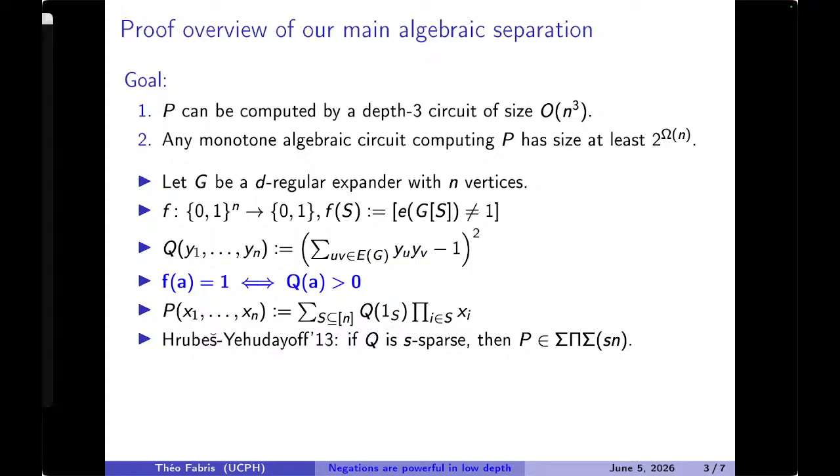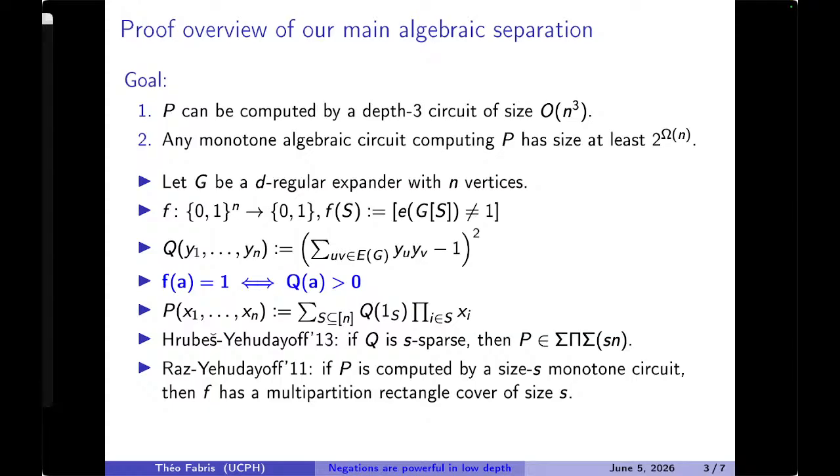And the idea to prove the lower bound is to use another lemma by Raz and Yehudayoff, where they show that if P is computed by a size S monotone circuit, we can take that circuit and obtain a multi-partition rectangle cover for F of size S. I'm going to explain in a moment what is a multi-partition rectangle cover.